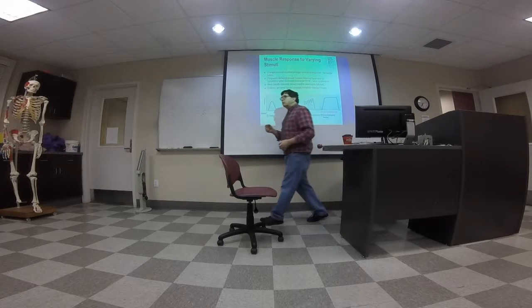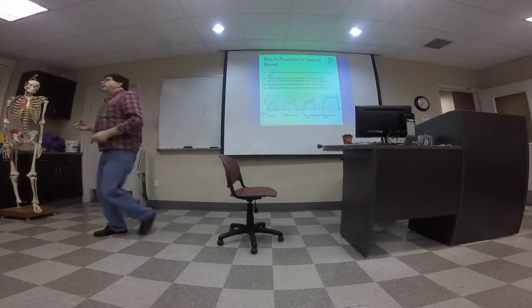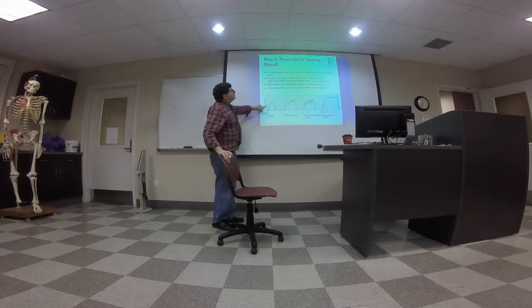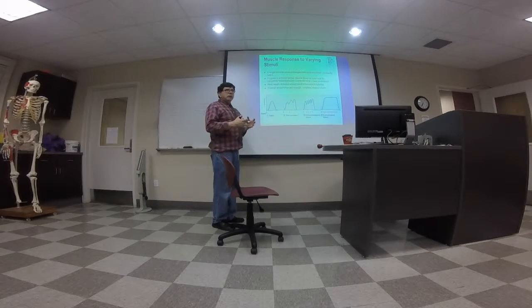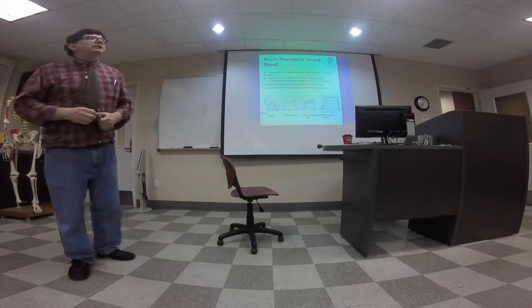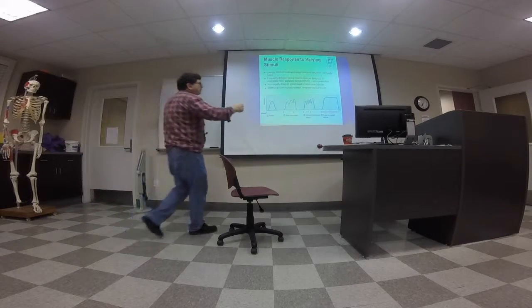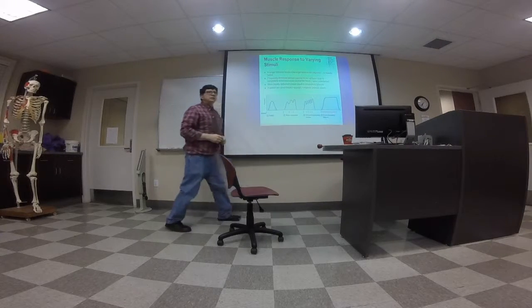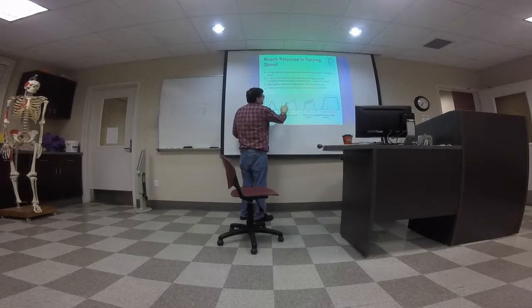How does changing the frequency intensify muscle contraction? A single stimulus resulting in a muscle twitch looks like this. Okay? If instead of simply delivering a single action potential, we increase the frequency of stimuli, for instance here, 3 action potentials in rapid succession, the muscle begins to contract, and before it completely relaxes, another action potential comes along, and then the muscle contracts with a little bit more force.